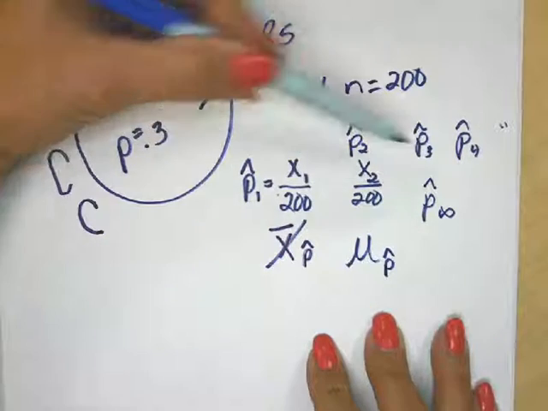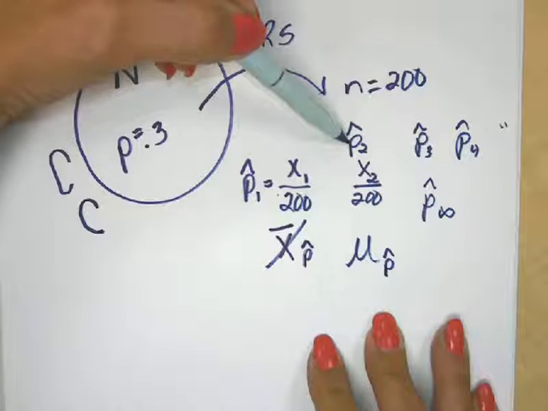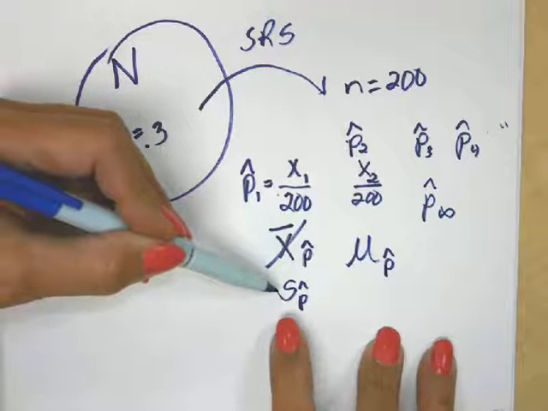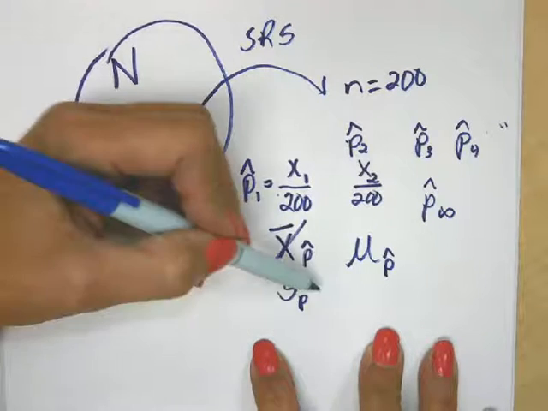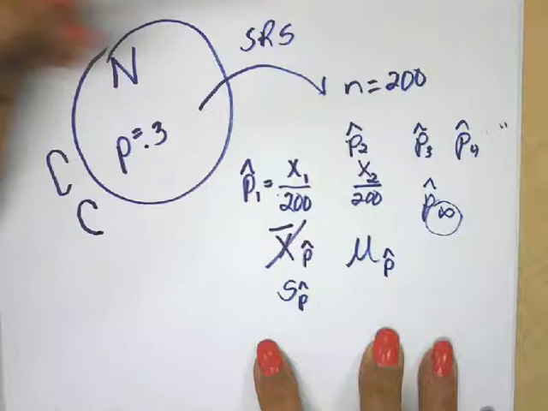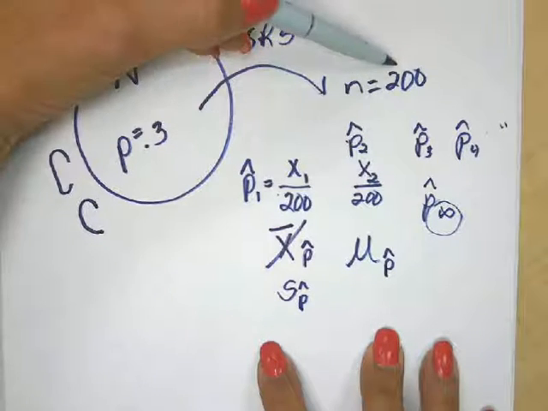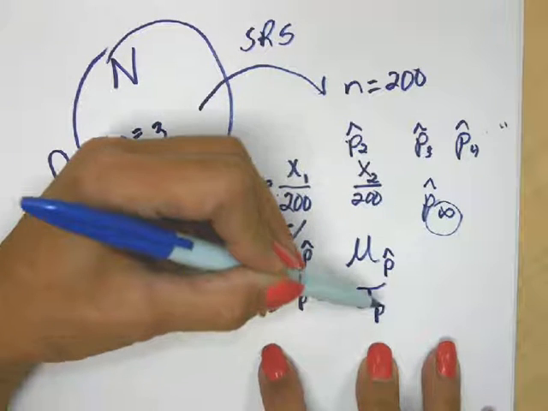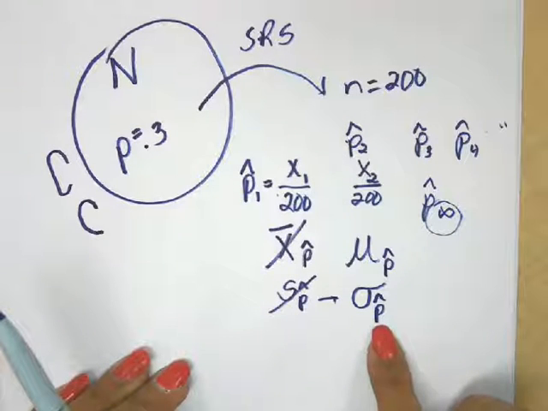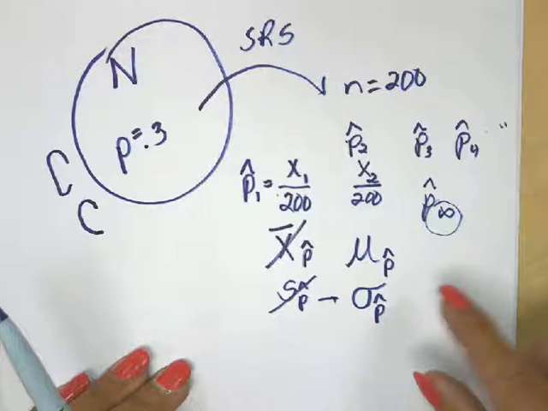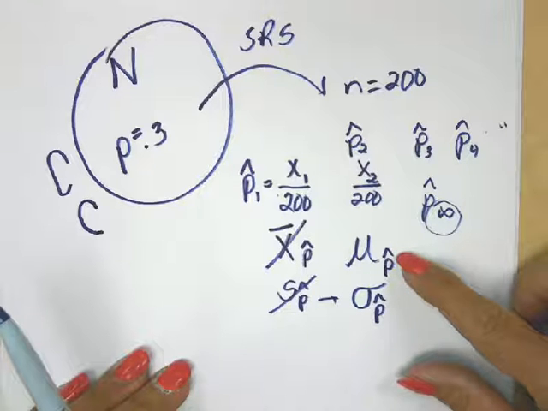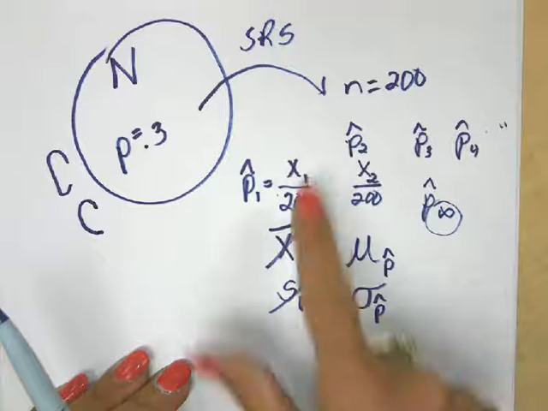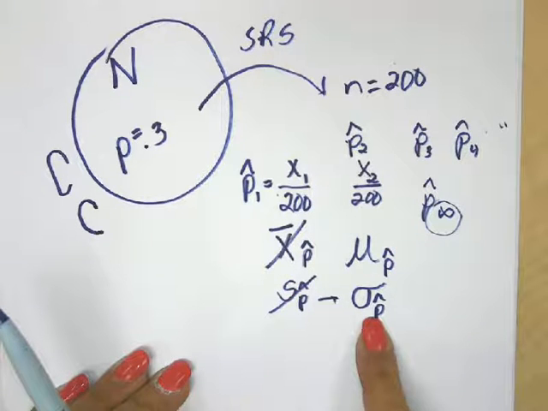Then we could find the standard deviation of all those values, which, if I don't have all of them, is an s of p-hats, but naturally we want infinitely many, all that are possible, each from a sample size of 200, and this would become the population standard deviation of all the p-hats. So that's what we're trying to do: figure out what we would anticipate as the center of all of these p-hats, and what the standard deviation of all those p-hats would be.